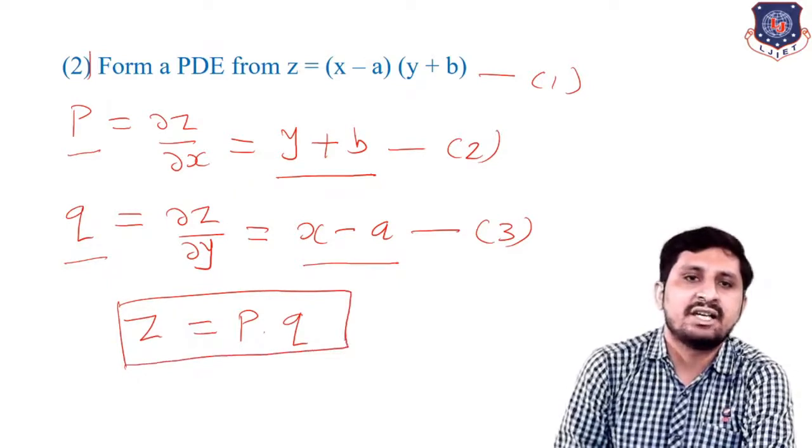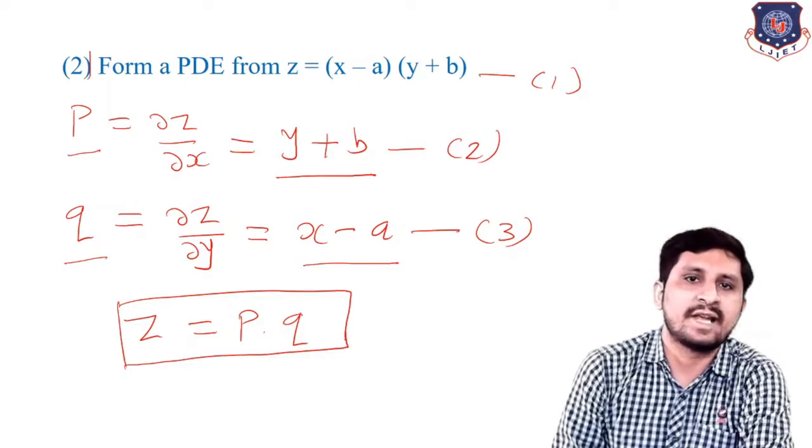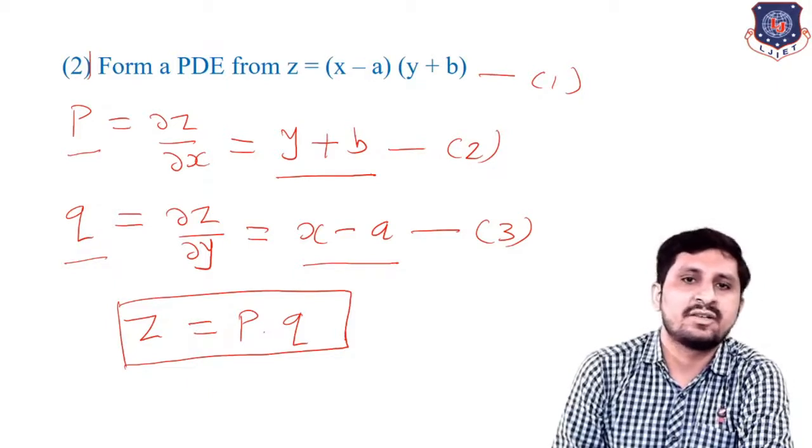Don't forget to write that you are taking differentiation of equation 1 with respect to X, and again differentiation of equation 1 with respect to Y. Don't write the direct equation. This is an instruction for all the students, try to remember.